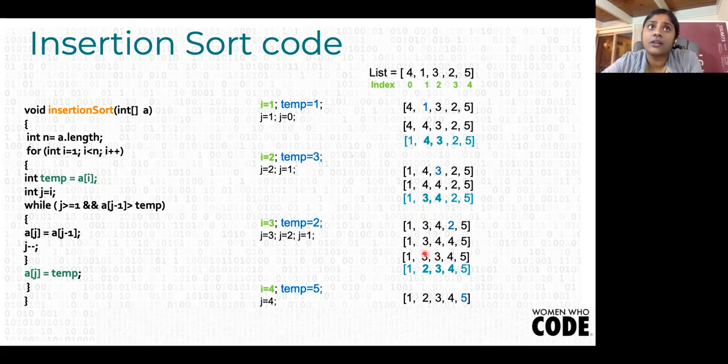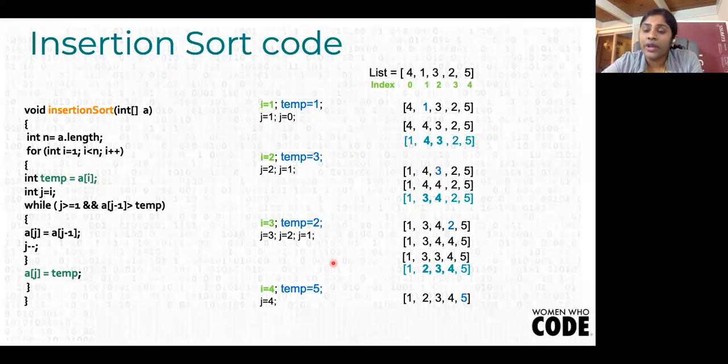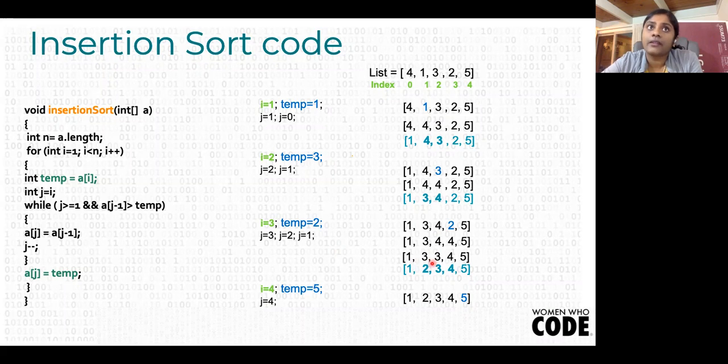And now j's count will be moved from 2 to 1. And then you compare 1 with 2, 1 is less than 2. There are no more elements to compare. So you finally place this 2 at whatever value j is, and j would have the value 1. So you place the element here. So the array now becomes 1, 2, 3, 4, 5.